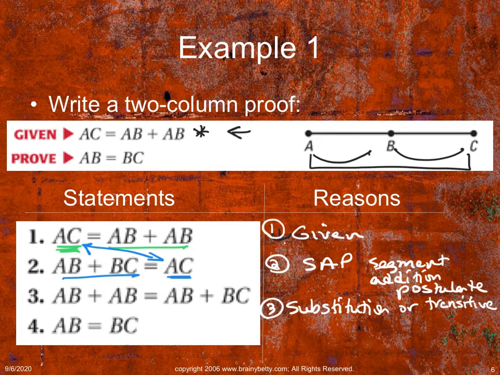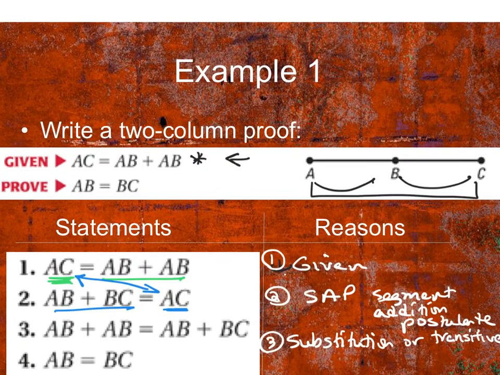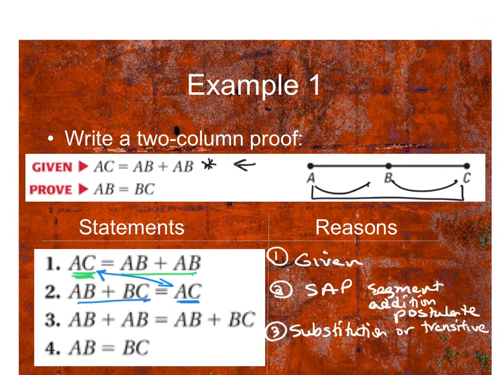What I like to see when it's transitive, for example, if I rewrite it up top here, let's say I had AB plus AB equals AC, and AC equals AB plus BC.